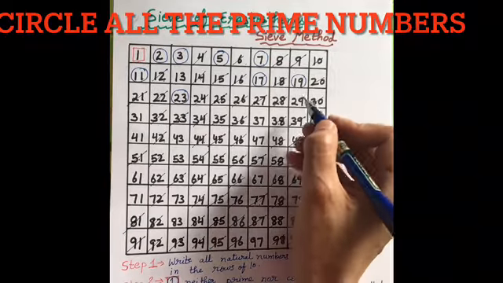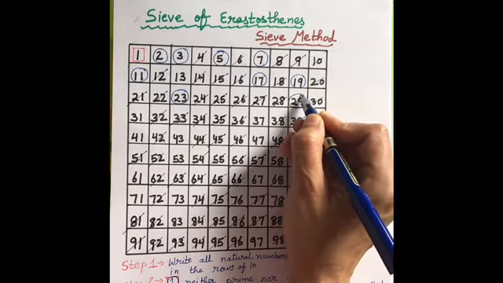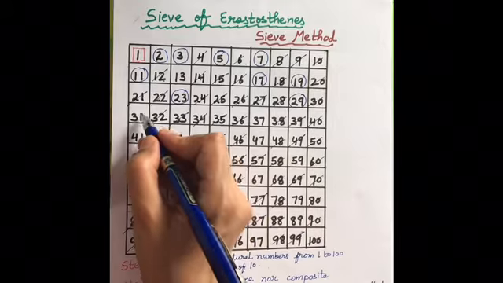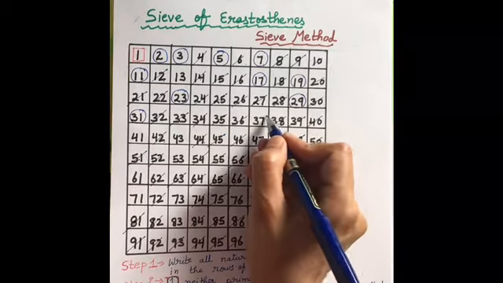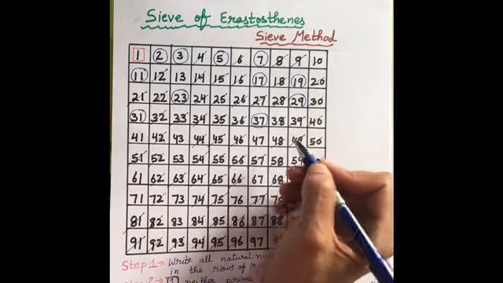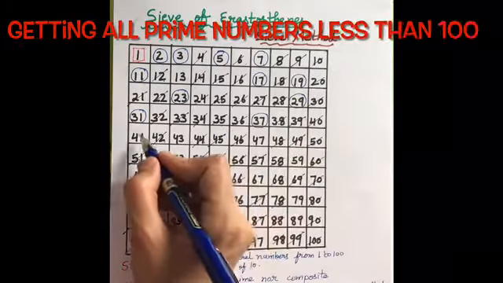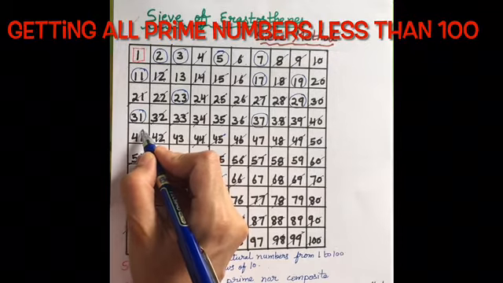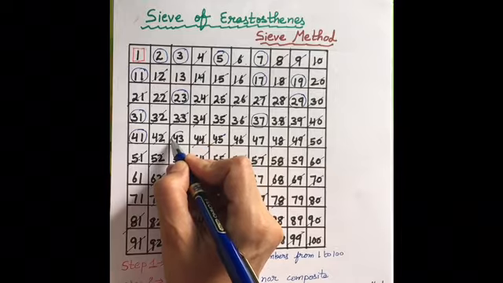Then after this we have 29. After 29 we have 31. 31, then 37 is also a prime number. After 37 we have 41, which is a prime number, and 43 is a prime number.